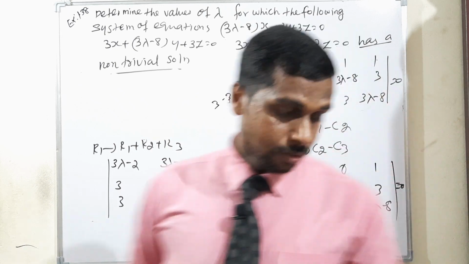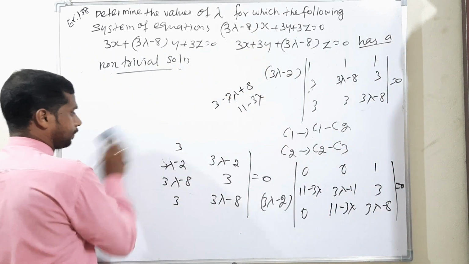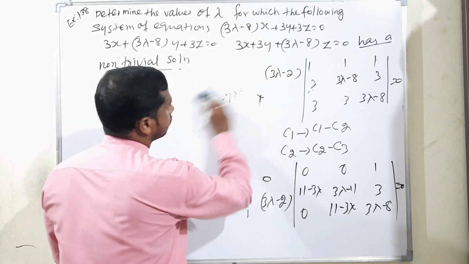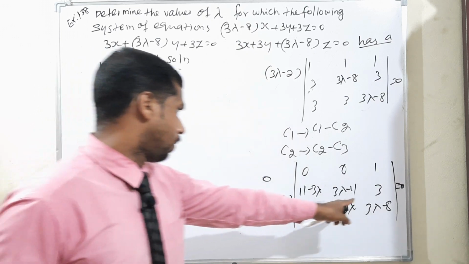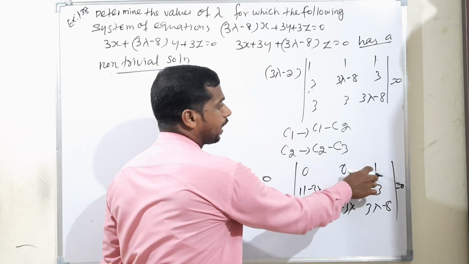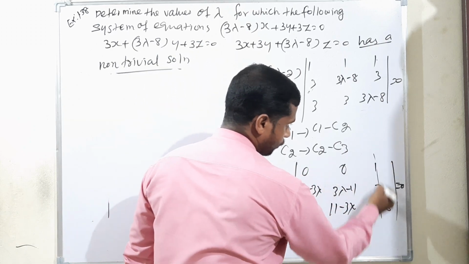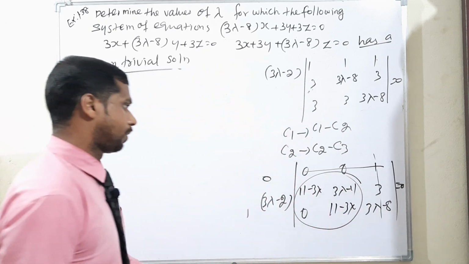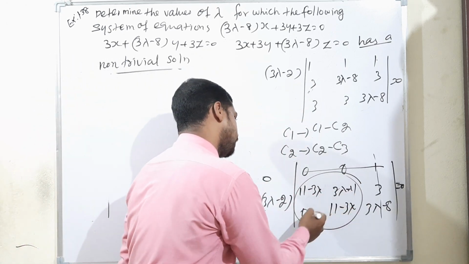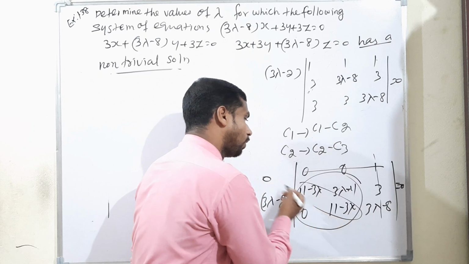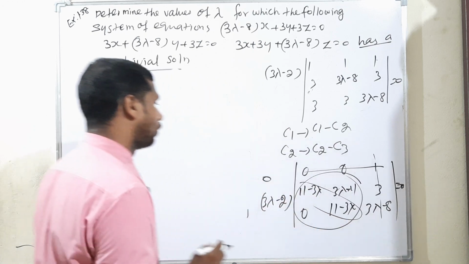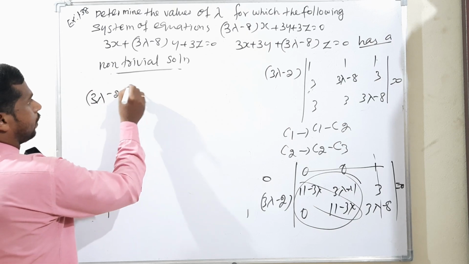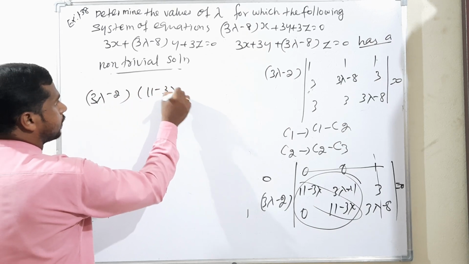Now expanding along C3, if you skip the row and column of 1 and compare only the remaining four terms, the cross multiplication will also be 0. So we have only one term, 11 minus 3 lambda the whole square. Outside we have the common factor 3 lambda minus 2, into 11 minus 3 lambda.